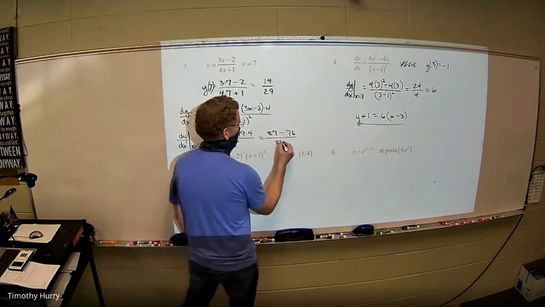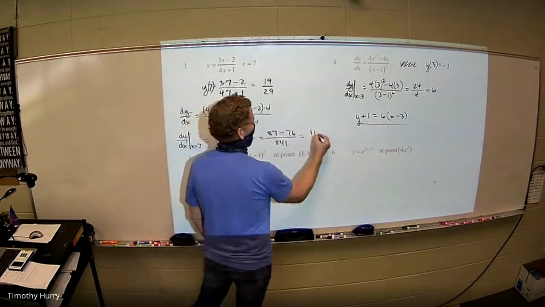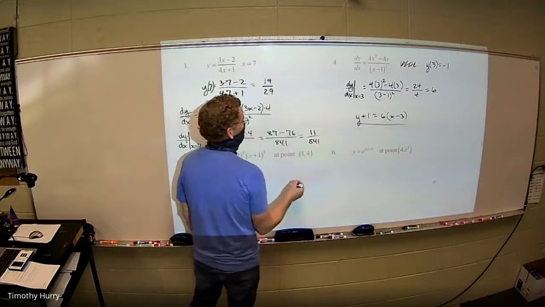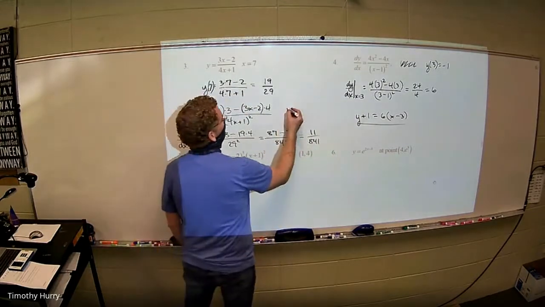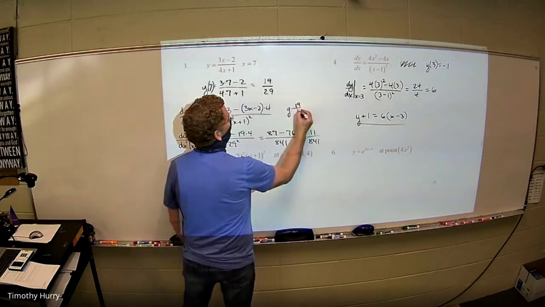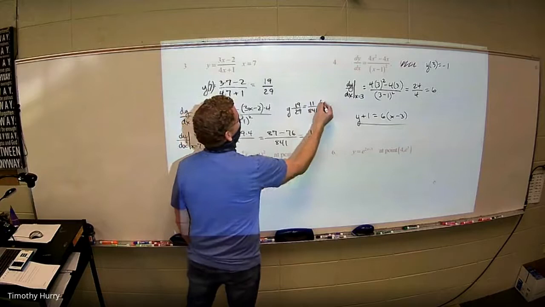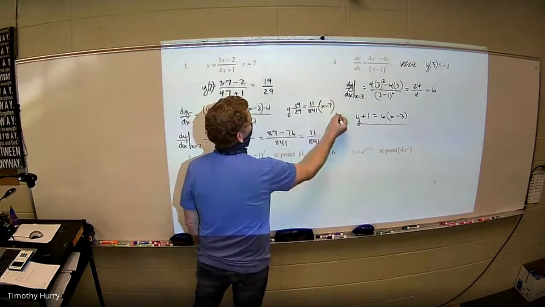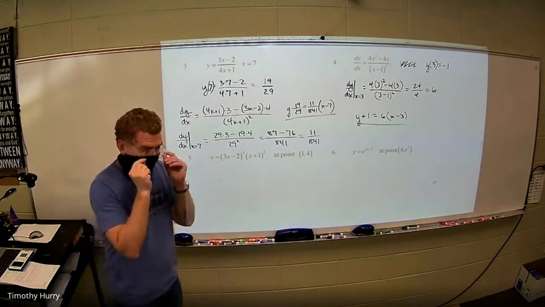Yep, exactly. That gives me 11 over 841. So what is my line? Pretty ugly, right? y minus 29 equals 11 over 841 times x minus 7. Unless I made a careless error there, I believe that's right.